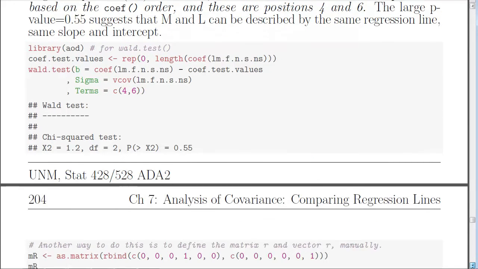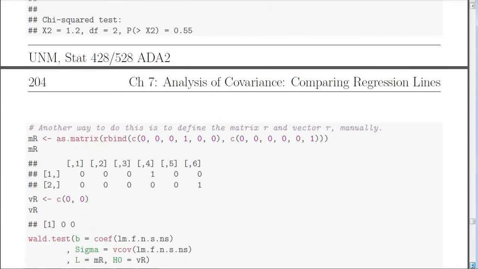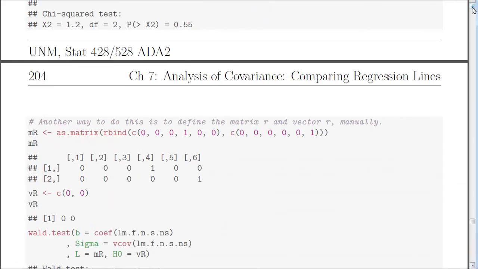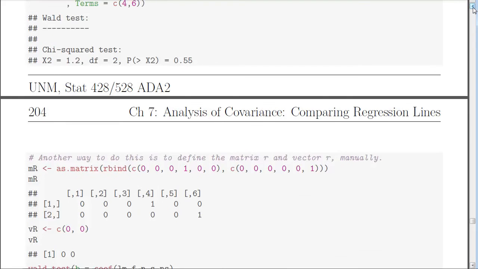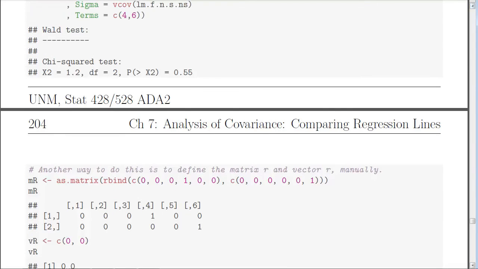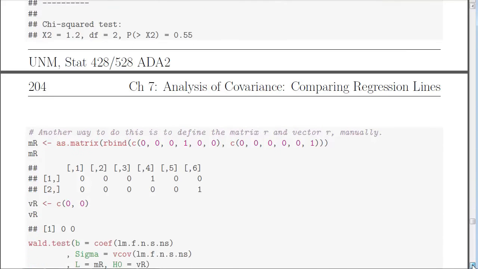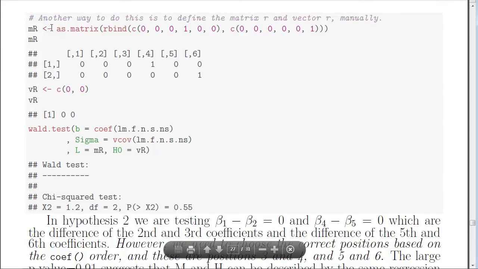Page down for a second. Okay. I'm going to show you the more complicated way because this is more general. Okay. So here I'm going to define that matrix. So I've got two vectors here.